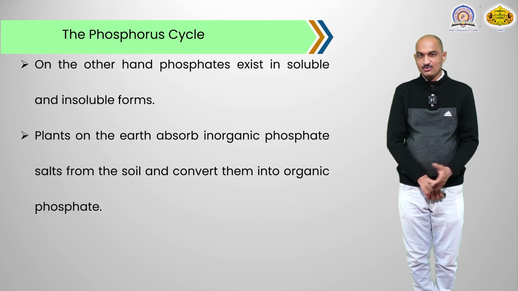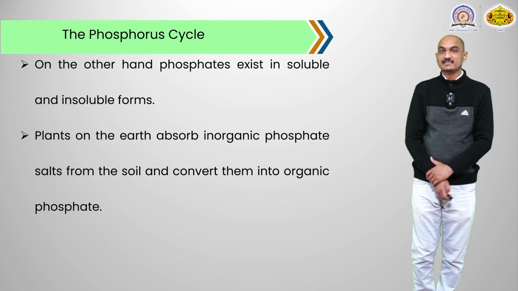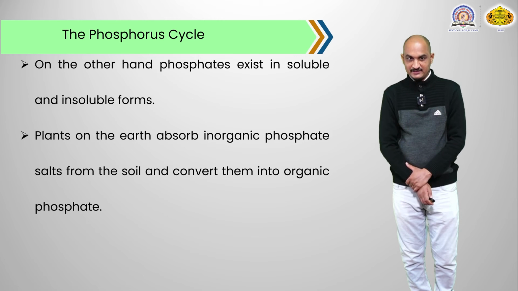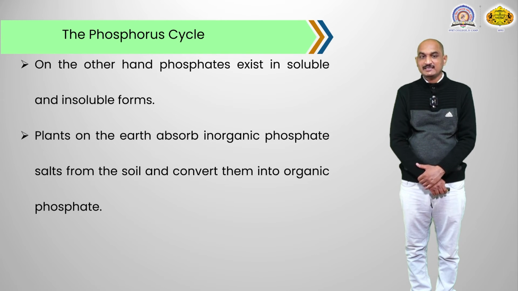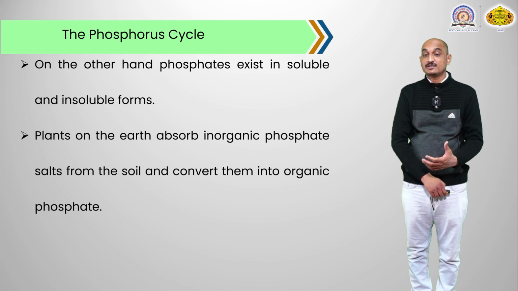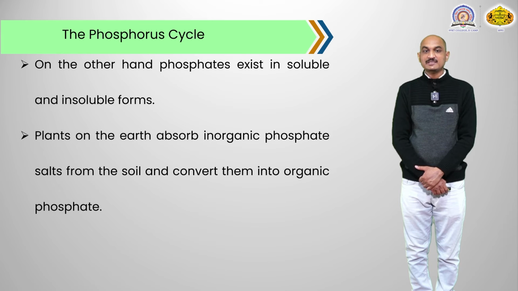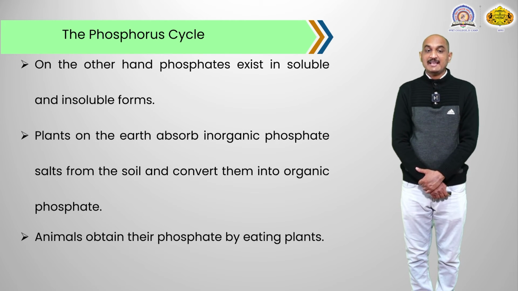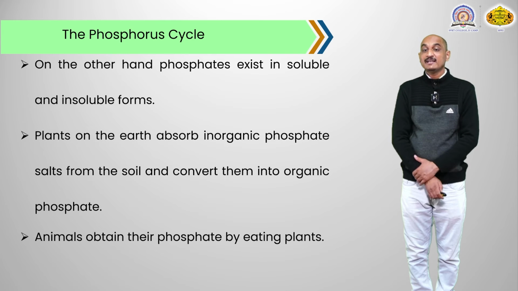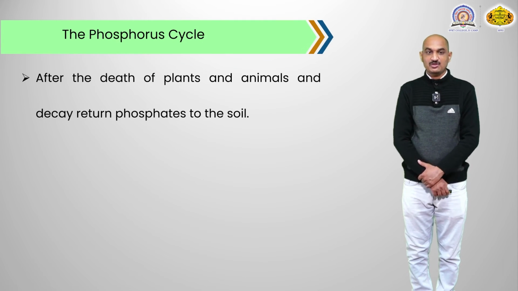This is the mechanism of how the phosphate or the phosphorus is recycled in the environment. First, plants on the earth absorb inorganic phosphate salt from the soil and then convert it into organic phosphates, and then animals obtain their phosphates by eating these plants. Okay, this is a circulation of the phosphates.